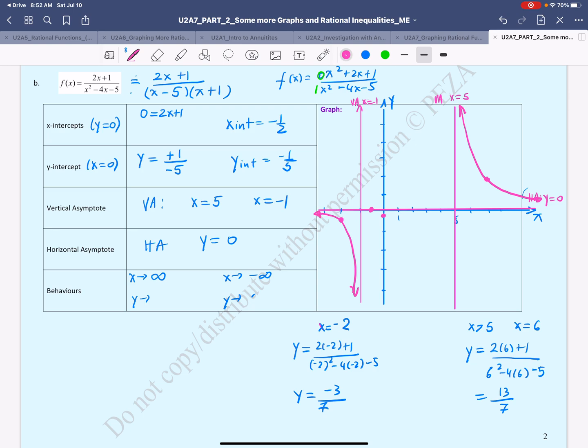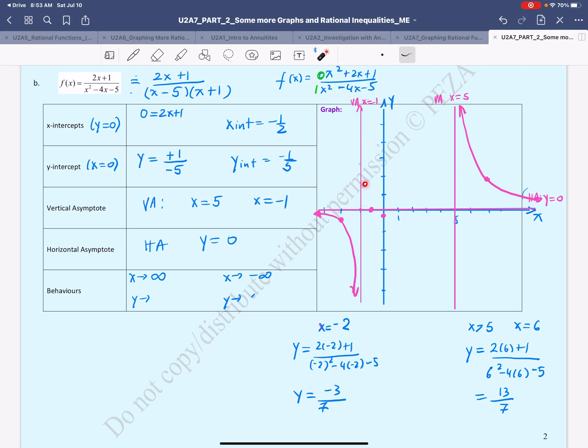And now let's take a look at what is happening in between the two vertical asymptotes. Whenever the graph of a function intersects the horizontal asymptote, I check for two values in between the two vertical asymptotes.